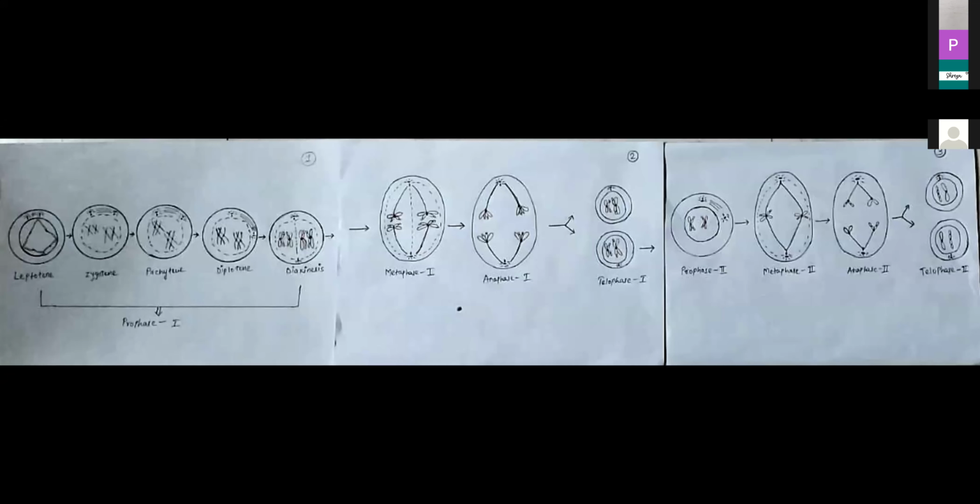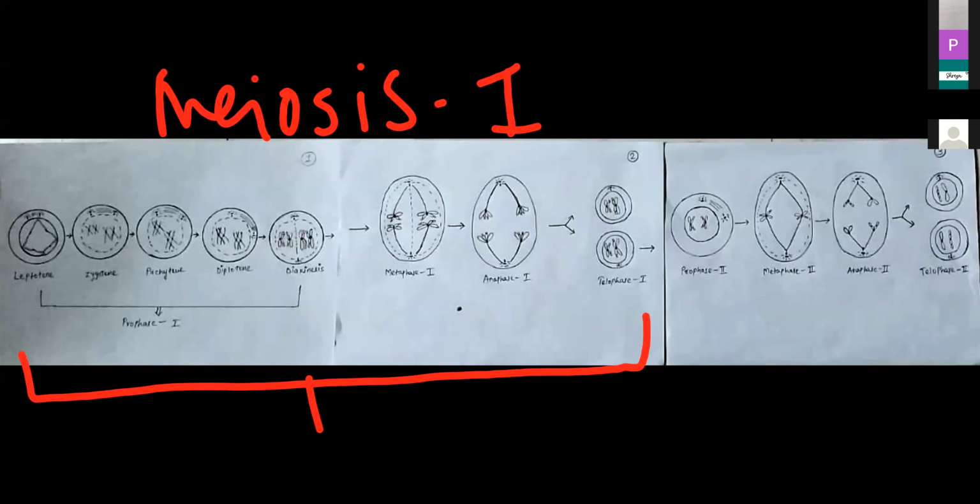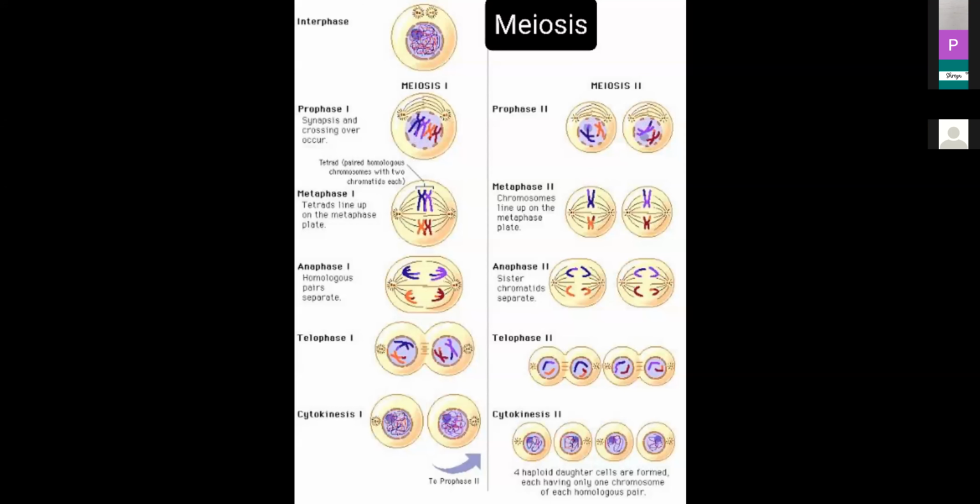See, in overall context, we have completed up to here, if you have realized. This was the meiosis 1. Prophase 1, metaphase 1, anaphase 1, telophase 1, and it is over. So that is what we have learned so far, meiosis 1.